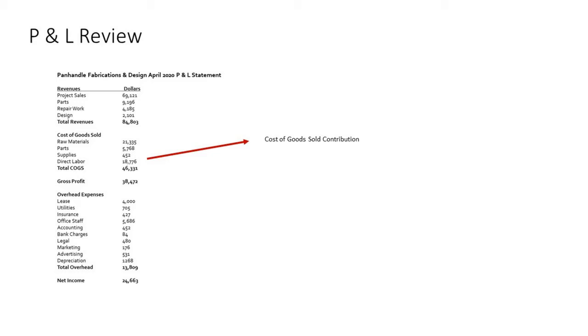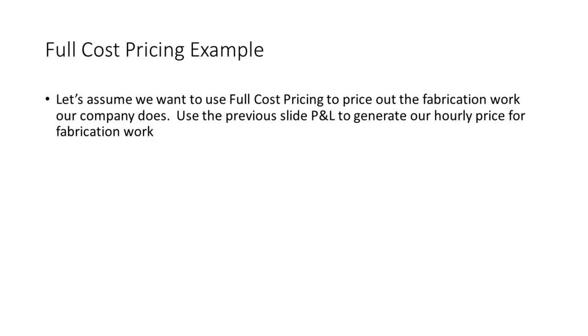So the cost of goods sold contributes to the unit cost basis, and the overhead cost also contributes to the cost basis. So let's assume, as an example, that we want to use full cost pricing to price out the fabrication work that our company does.